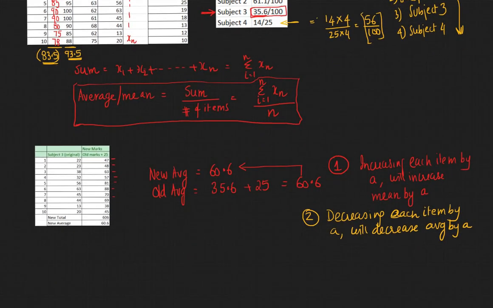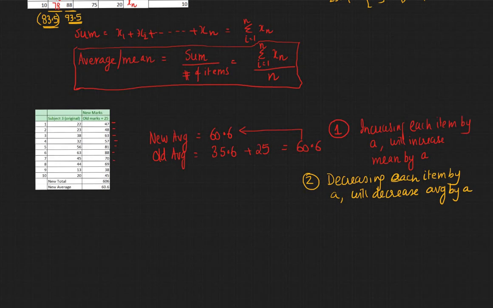So let's take a data set. Let's take a data set of x as 2, 4, 6, or rather let's take only the even numbers, 12, 16. Let's find the average. Then let's divide all of the x by 2. So let's do x by 2.